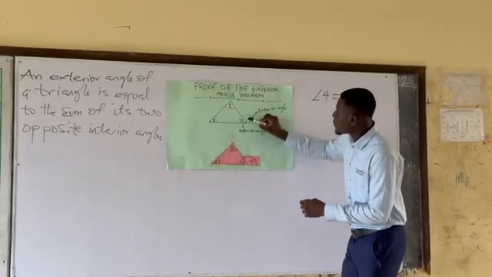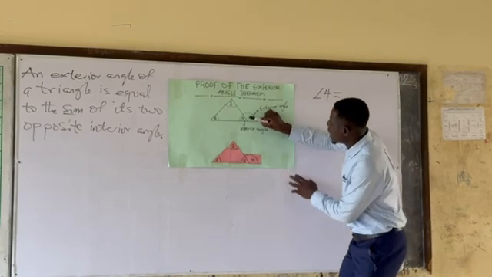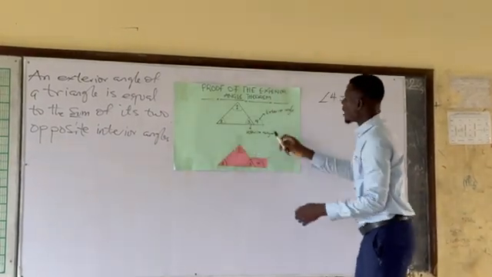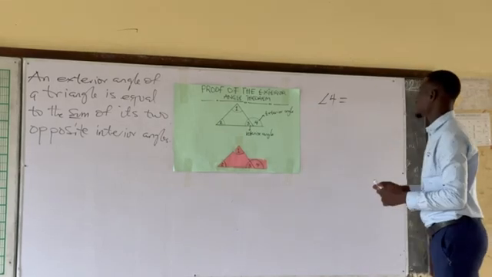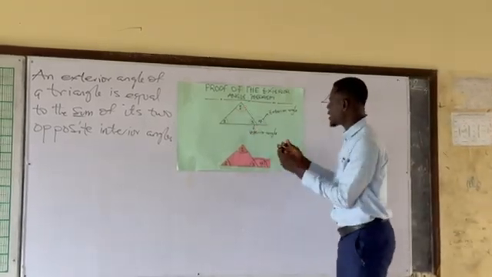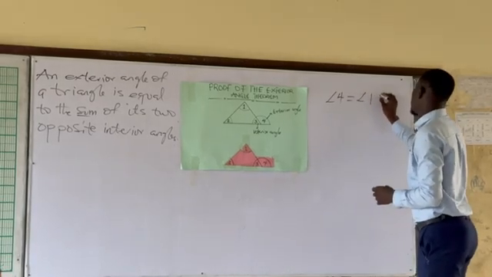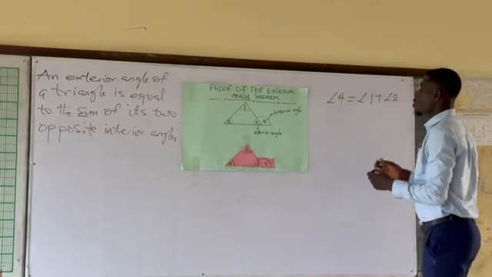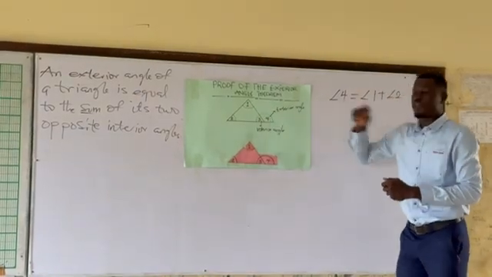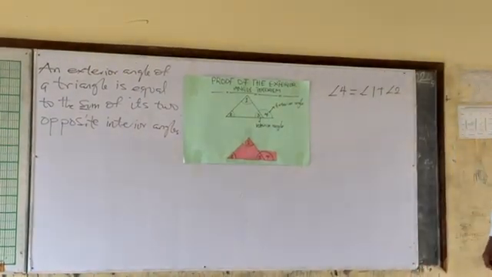So this angle 4, which represents the exterior angle, is opposite to these two interior angles. The opposite interior angles are angle 1 and angle 2. When you sum angle 1 and angle 2, you should get angle 4, the exterior angle of the triangle.